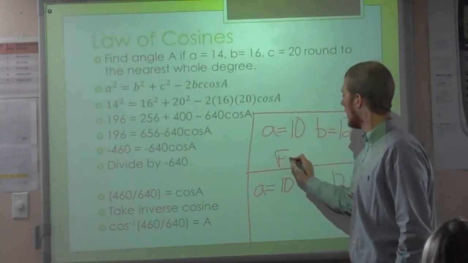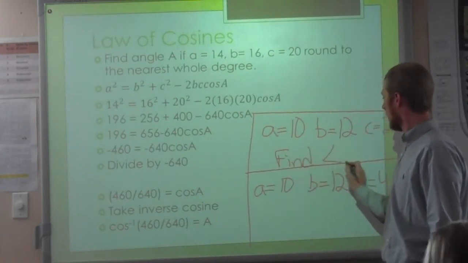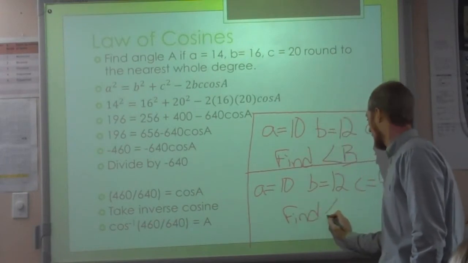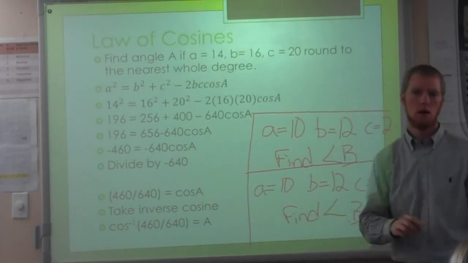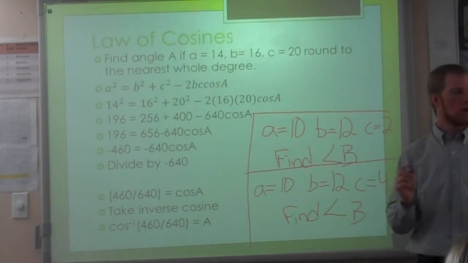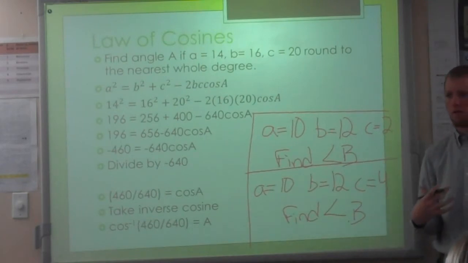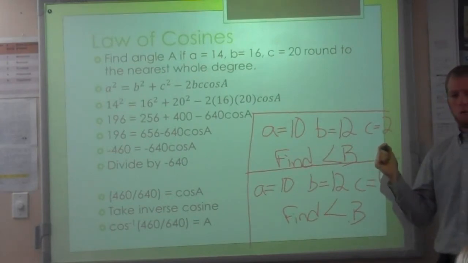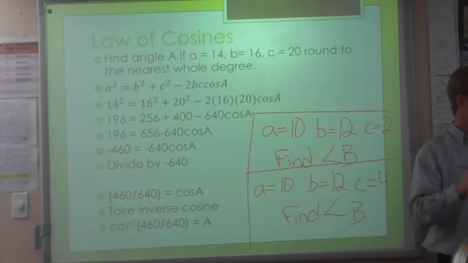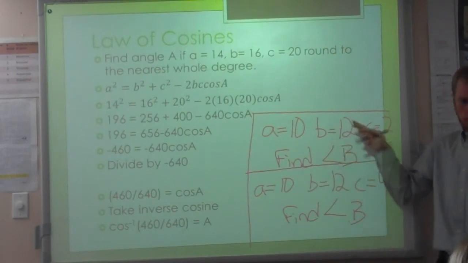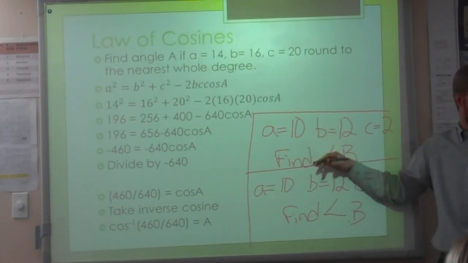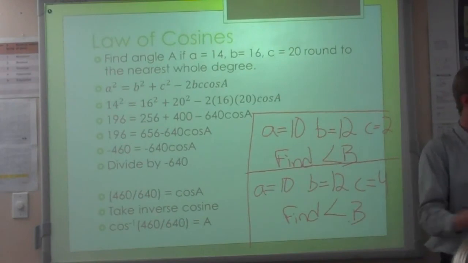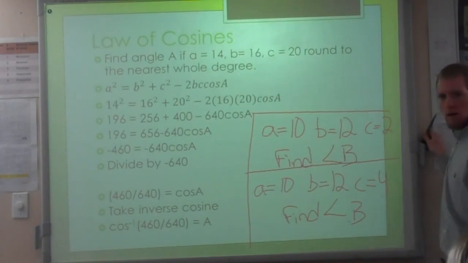And you are going to find here angle B, and here you are going to find angle B also. And I want you to think about one of these, something is going to happen that looks a little different, and you have to explain to me why you get the answer you do, and what is different about it. Okay, so you're going to get to a point where you can't go any further with one of these problems. At that point, explain to me why you think you can't go further.